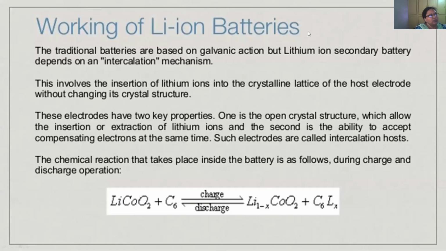These electrodes have two key properties: one is an open crystal structure, which allows the insertion or extraction of lithium ions, and second is the ability to accept compensating electrons at the same time. Such electrodes are called intercalation hosts. The chemical reaction taking place during charging and discharging is this.